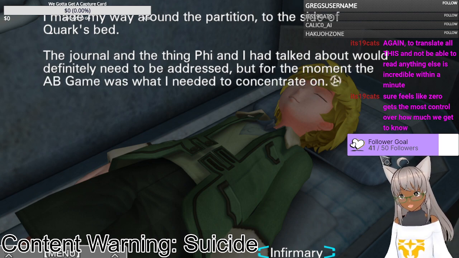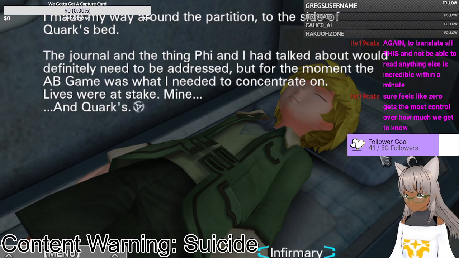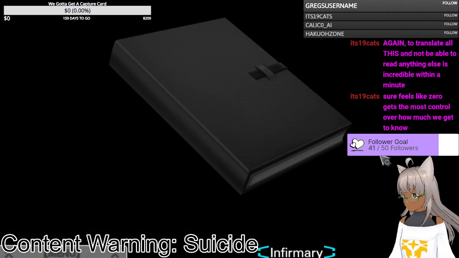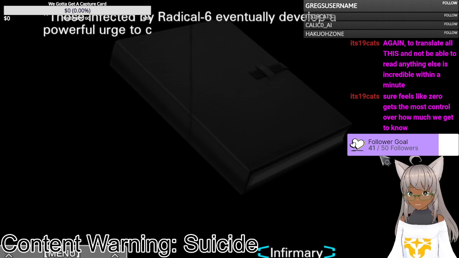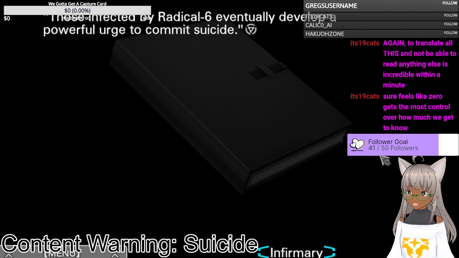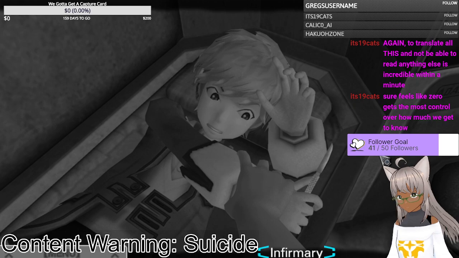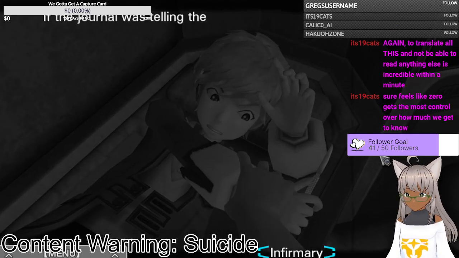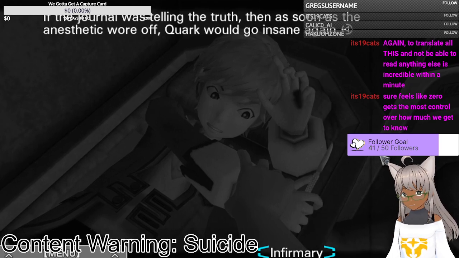The journal and the thing Fi and I talked about needed to be addressed, but for the moment, the AB game was what I needed to concentrate on. Lives were at stake. Mine and Quark's. Those infected by Radical 6 eventually develop a powerful urge. Oh, boy. If the journal was telling the truth, then as soon as the anesthetic wore off, Quark would go insane again.